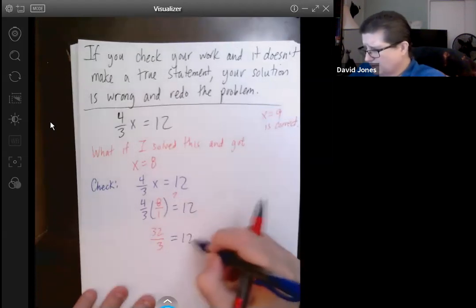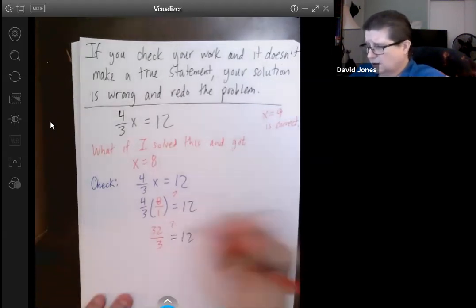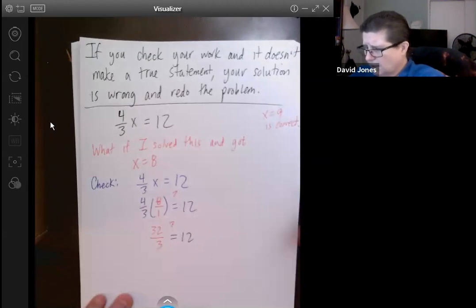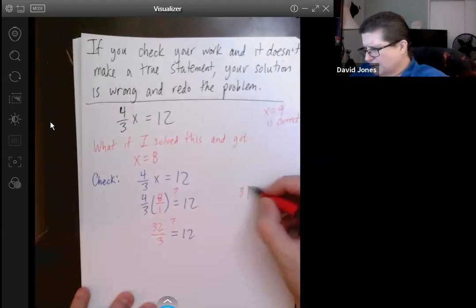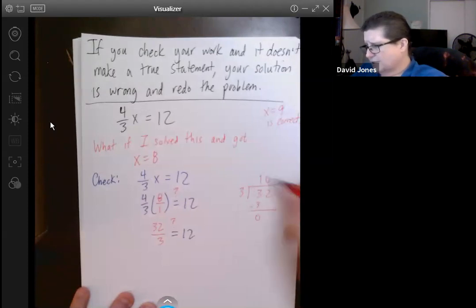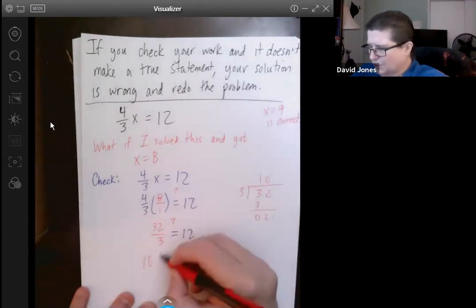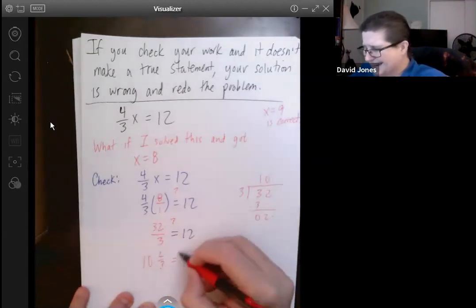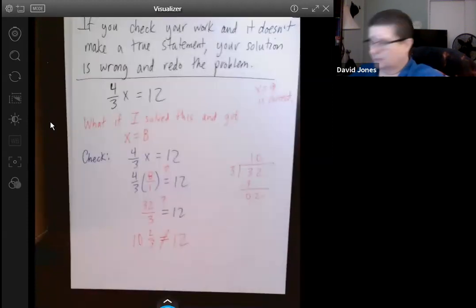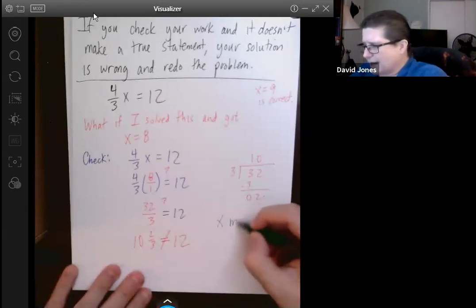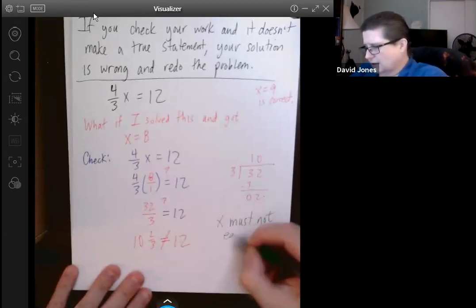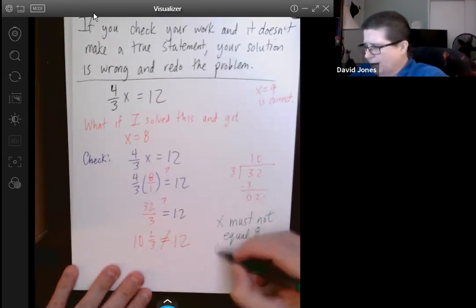Does that equal 12? Three goes into 32 how many times? We got a 1, and it goes in 0 there. We've got a 2 remainder. This is 10 and 2/3. 10 and 2/3 does not equal 12. Okay? X must not equal 8. Go back and resolve it.